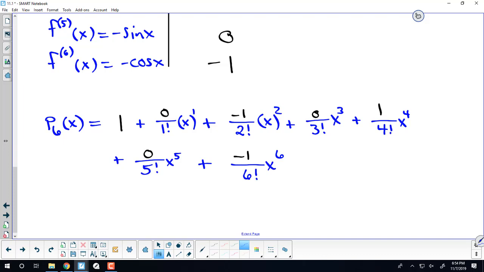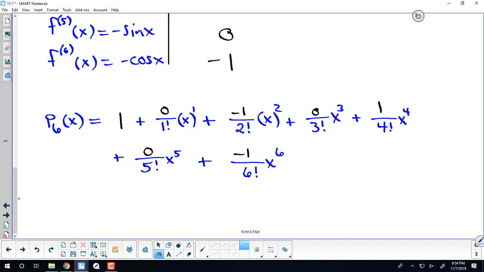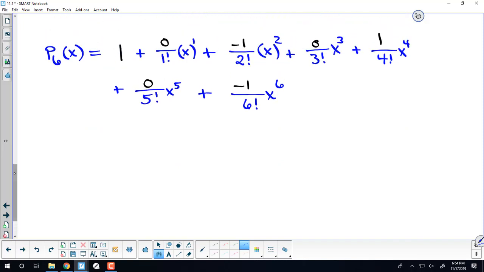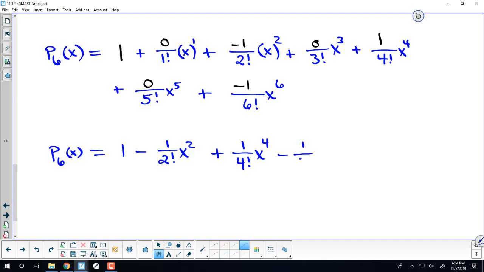So does everybody agree that's a sixth order polynomial? There's not going to be 6 terms or 7 terms because some of these go away. So we just have 1 minus 1 over 2 factorial times x squared plus 1 over 4 factorial x to the fourth minus 1 over 6 factorial x to the sixth.